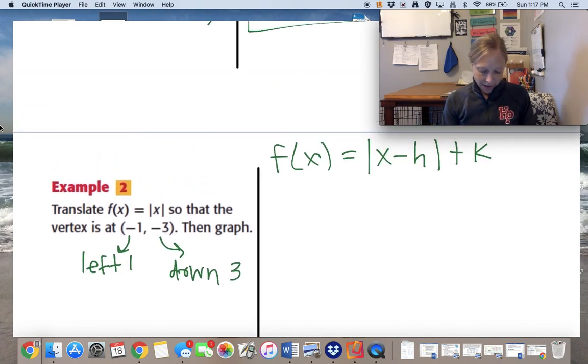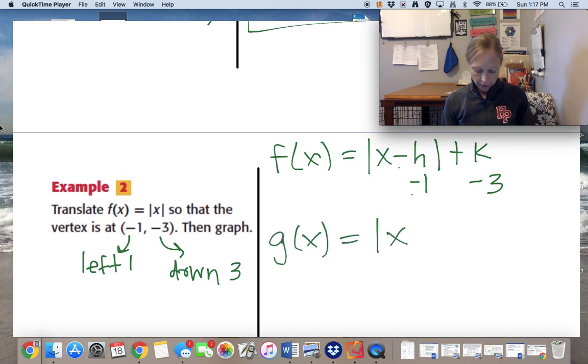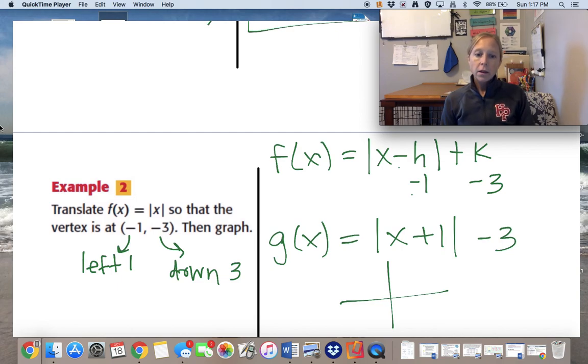All right, my h is -1. My k is -3. But remember, a negative, or subtracting a negative, actually means to add. So my new function will be the absolute value of x plus 1 minus 3. We'll draw a sketch of this graph. It would be left 1, down 3, kind of running out of space, right down there.